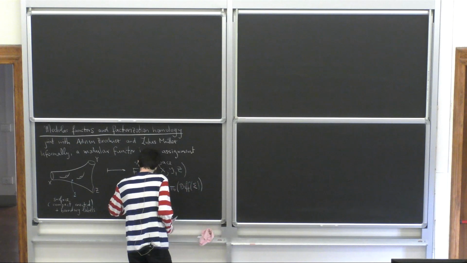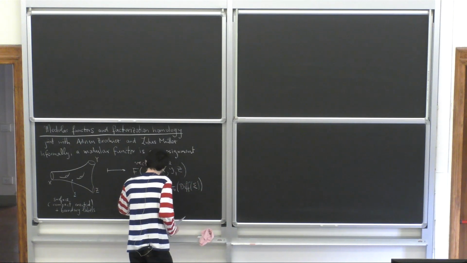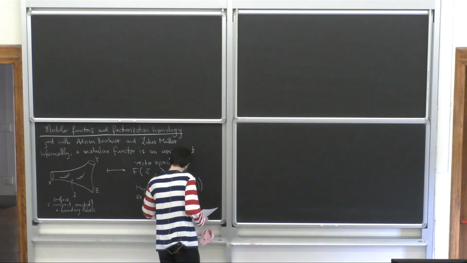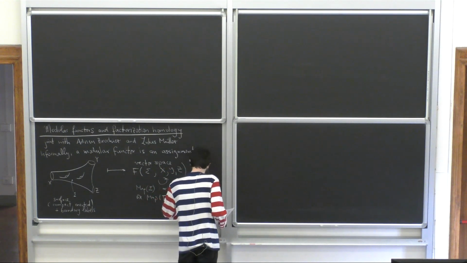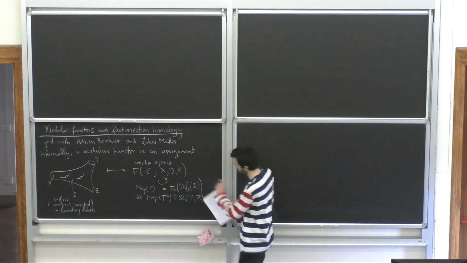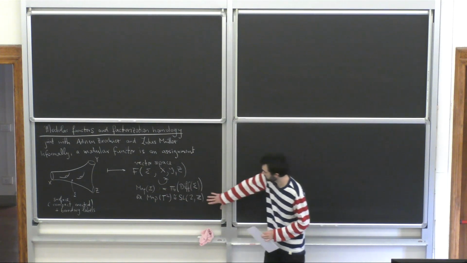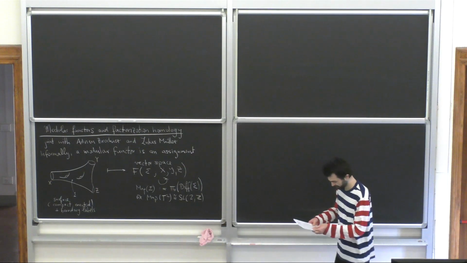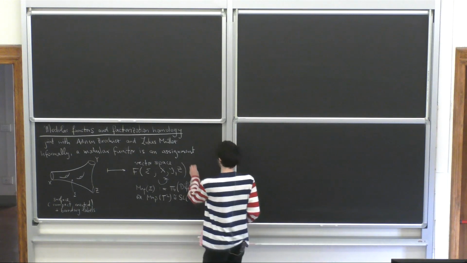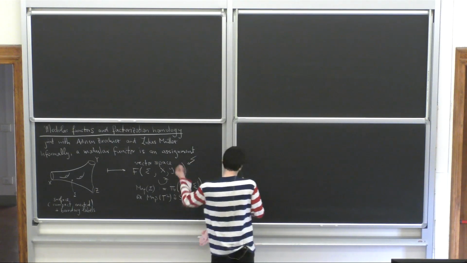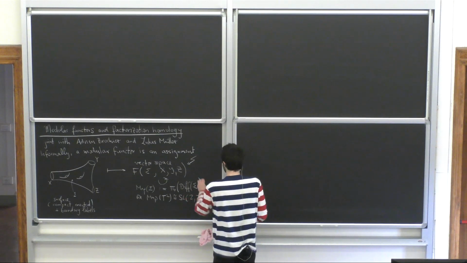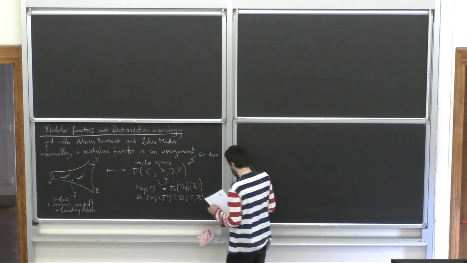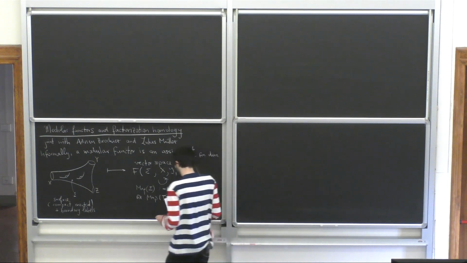As an example, the mapping class group of the two torus is famously SL2Z. This is just to give you an impression of what kind of groups to expect here. In genus 0 you get the braid groups. In the case that we will look at, this vector space will be finite dimensional.